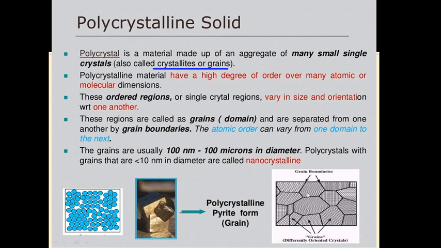Here the arrangement of atoms and their orientations are not similar to the adjacent domain or region. So there is a geometric order of atomic structure, but it is not long-range, as the crystal sizes are very small. In general, grain sizes are usually in the range of 100 nanometers to 100 microns.